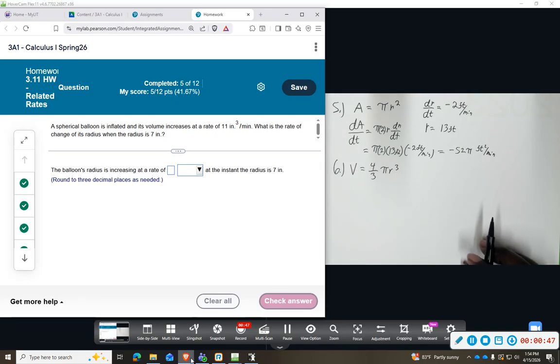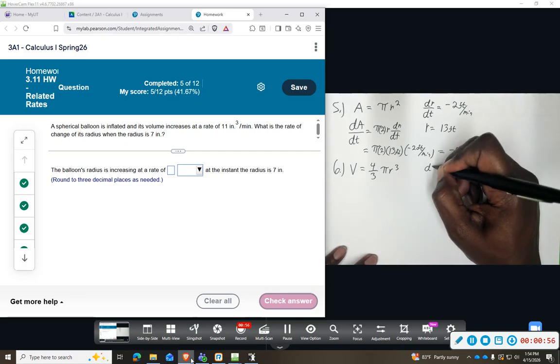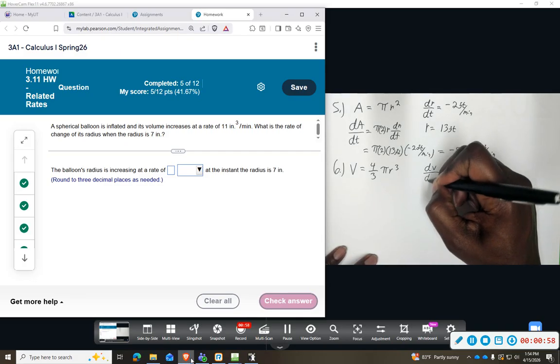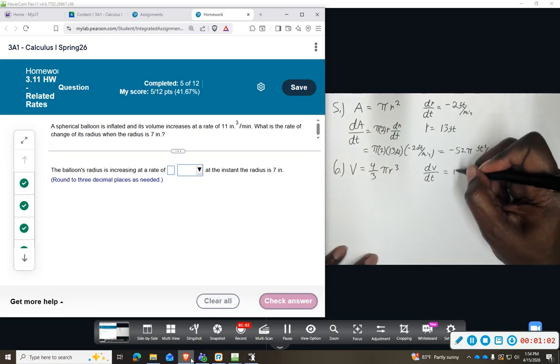It says, as the balloon is inflated, the volume increases. So the volume is increasing, dV/dt. The rate at which the volume is increasing is 11 cubic inches per minute.